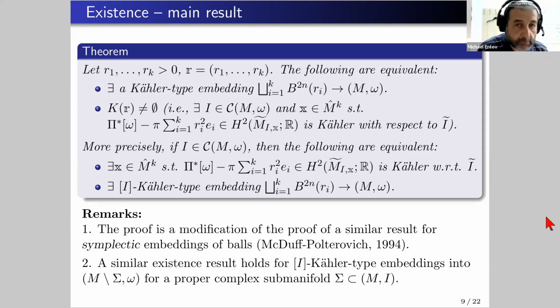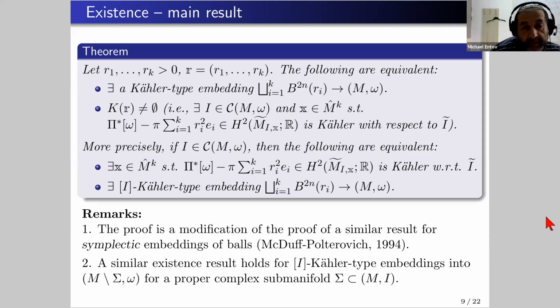But this is specific for the second part of the statement, the more precise one. If you remove something that is complex with respect to this I, then yes. You have to understand with respect to what I this submanifold is complex. Yeah, I agree. Okay, so that was the general existence result.